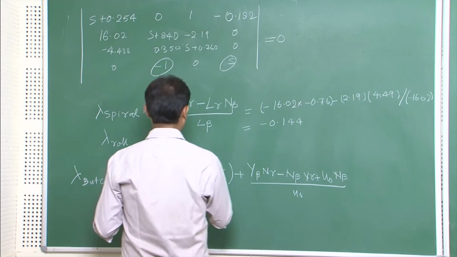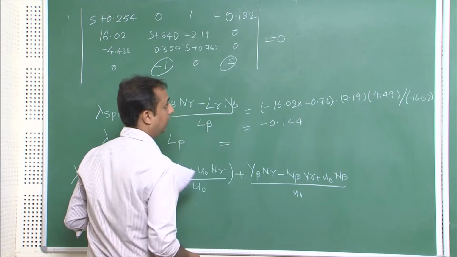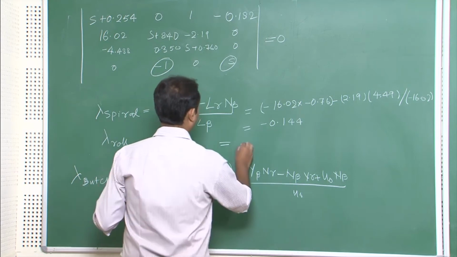Similarly, for roll mode it will be simply LP, and LP is given as minus 8.4.